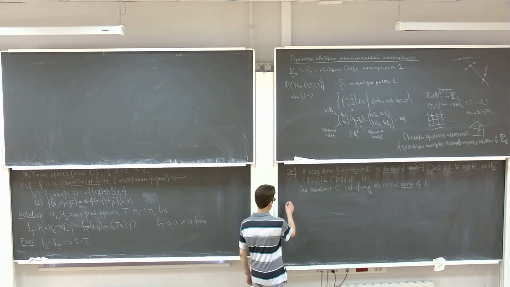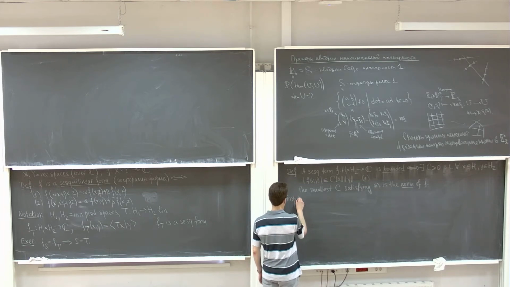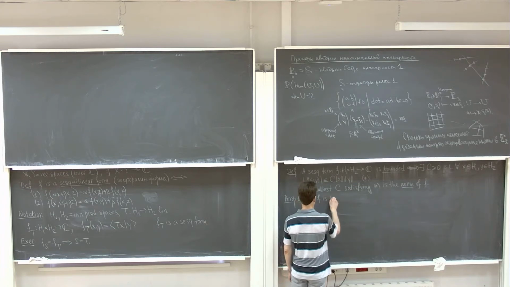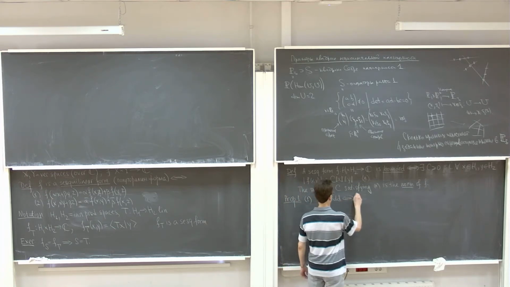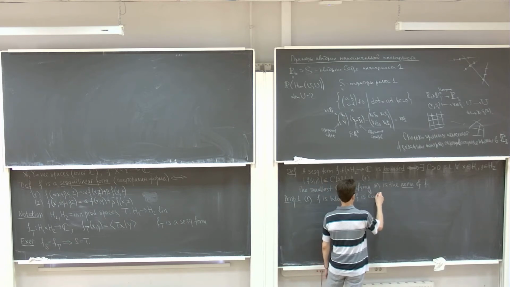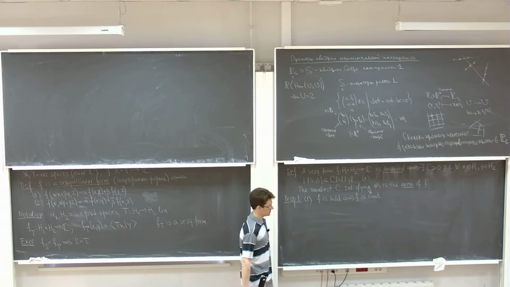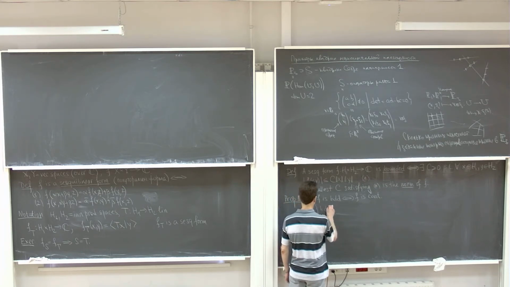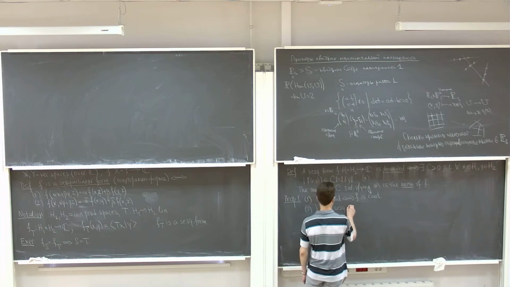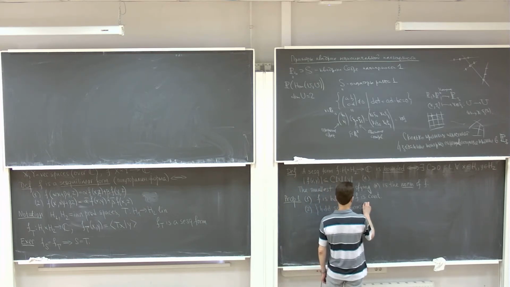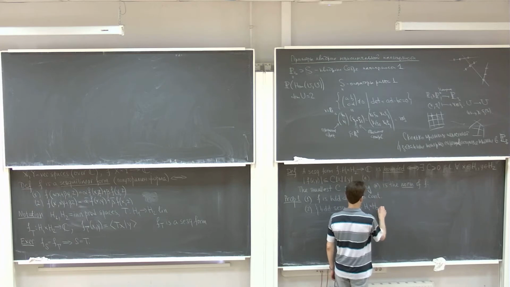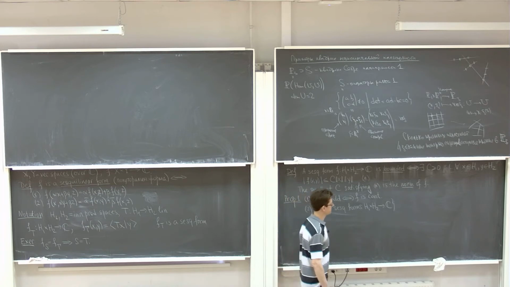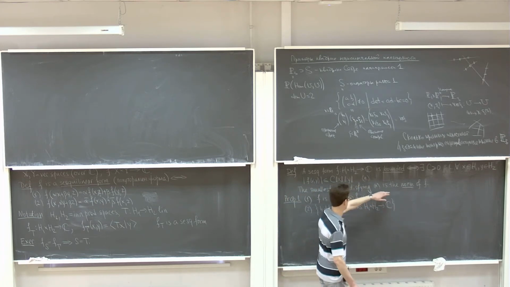We have the following simple proposition, proposition 1. First of all, a sesquilinear form F is bounded if and only if it is continuous. And second, if we take the space of all bounded sesquilinear forms on the product of H1 and H2, then the space is actually a normed space with respect to the norm defined here.